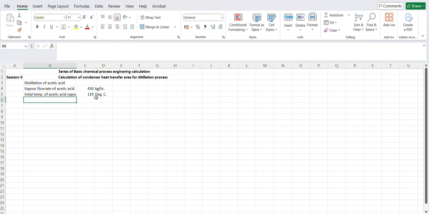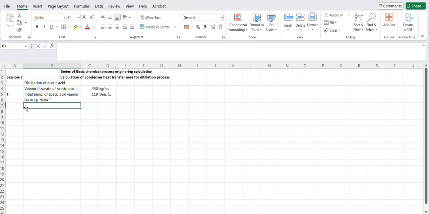Then we know the equation to calculate heat load: Q is equal to m Cp delta T. So we have first Ti for the acetic acid vapor, then we know the final temperature of the acetic acid.